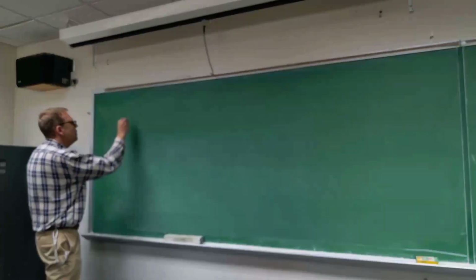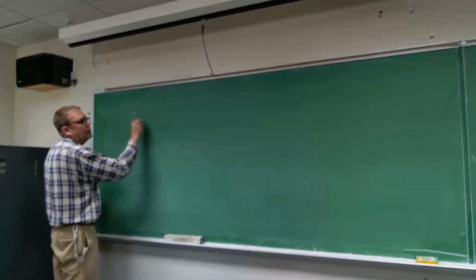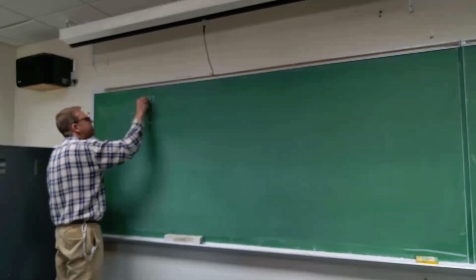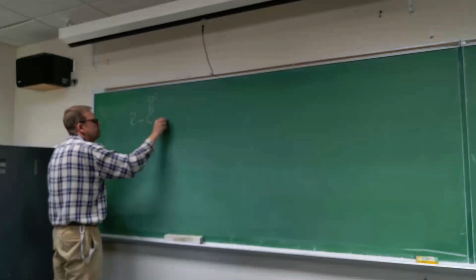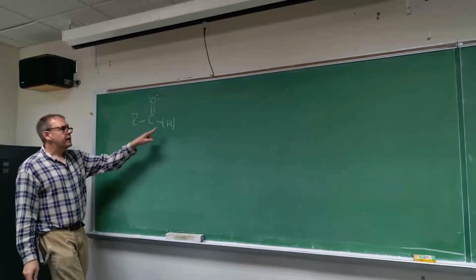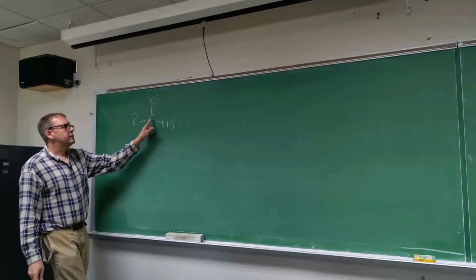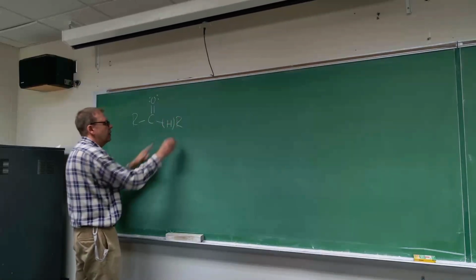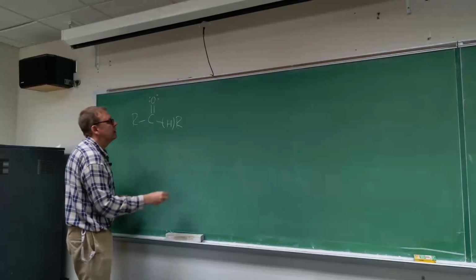So if you start with an aldehyde or ketone over here, like we did over there on the other board, with this diagram, I'm saying it's a carbonyl with an R group, and then on the other bonded group to the carbonyl, it could be either an H or an R, so either aldehyde or ketone.